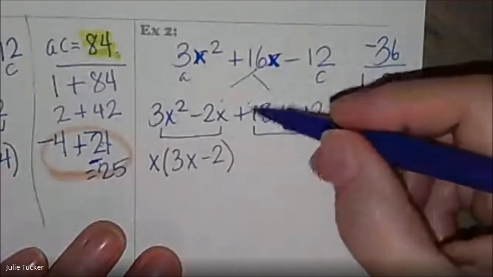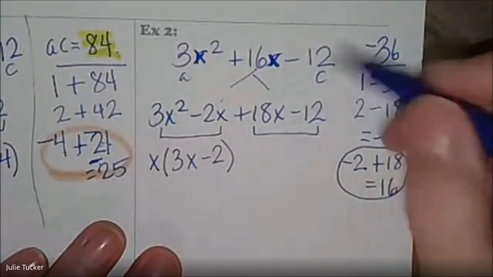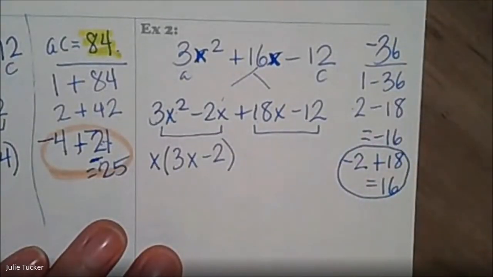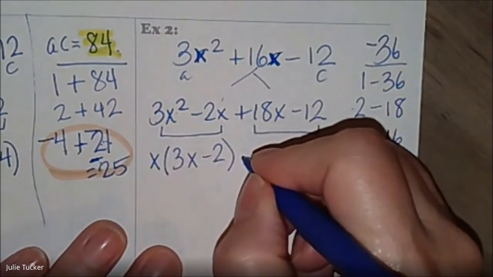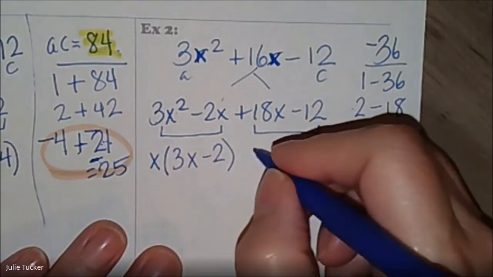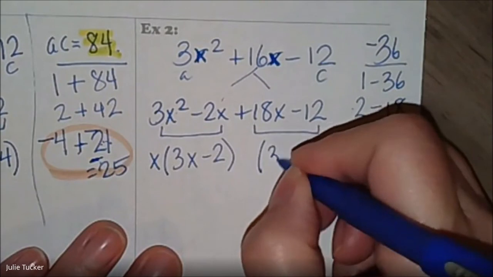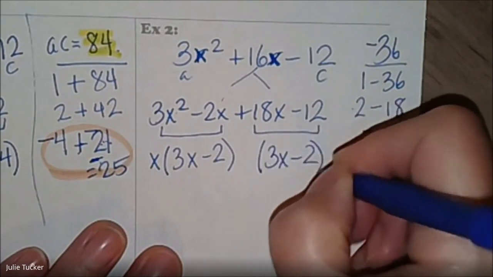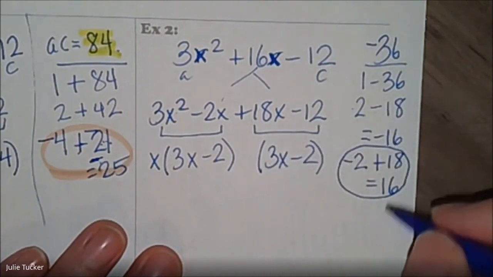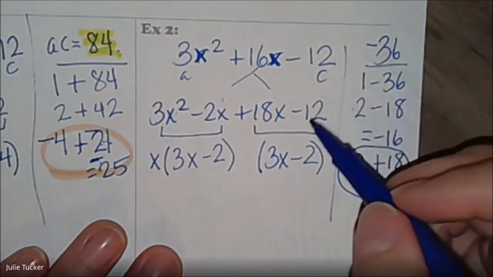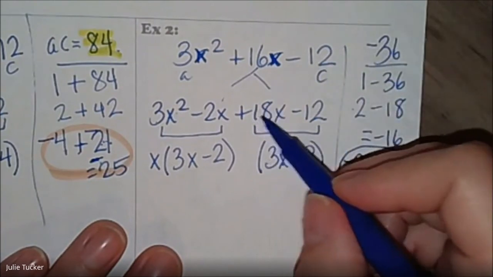Then here, what's the number that divides into 18 and 12, Connor? Do you know? Good, 6. So we're going to write 6, but remember we can use our secret weapon and put the 3x minus 2 first, just to be sure we get the signs right. So 3x times 6 is 18.